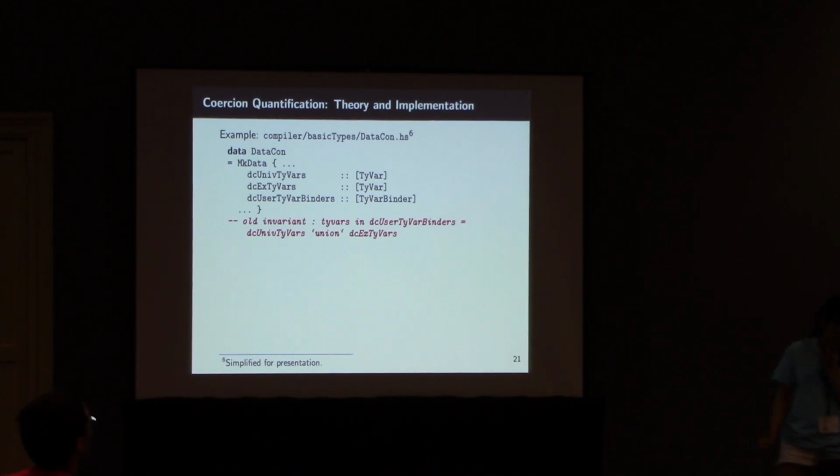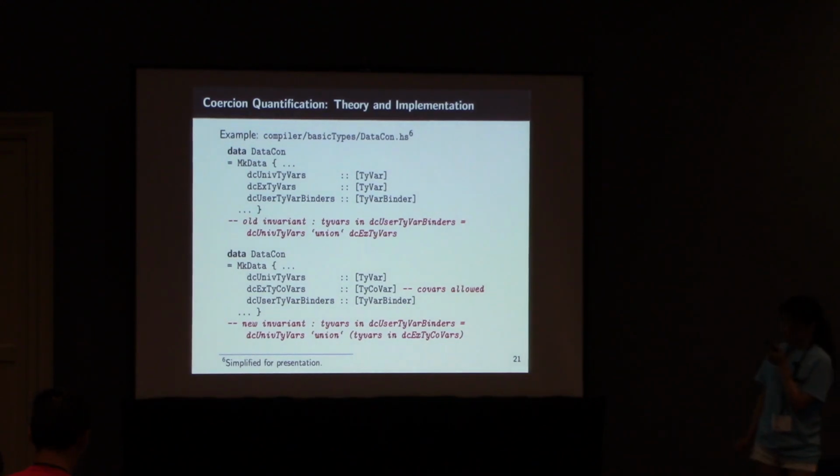Previously we had the invariant that the set of type variables in the user-written type variable binders is equivalent to the set of universal type variables union existential type variables. But now we are allowing coercion variables to appear as existential variables.